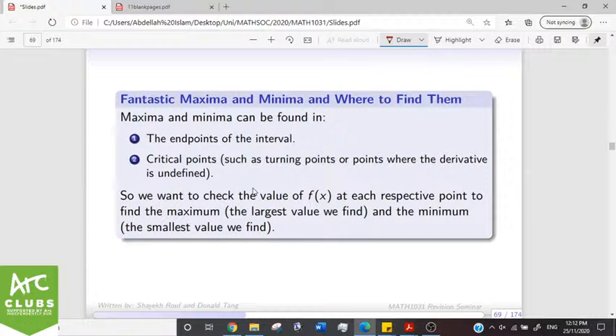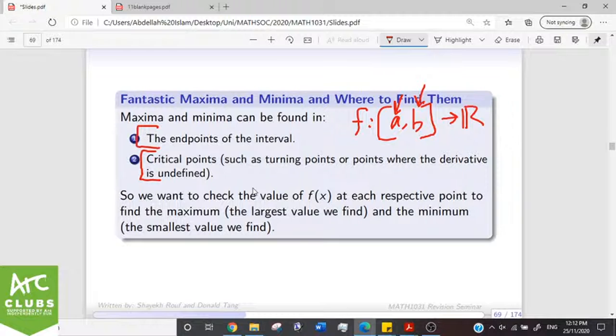So maxima and minima can be found at the endpoints or at critical points. This is for a function in general, not on an interval. If you have some function defined on some interval a, b, and its range is maybe all of the real numbers, then you can check the endpoints to try and find maximum and minimum values, or you can find critical points.